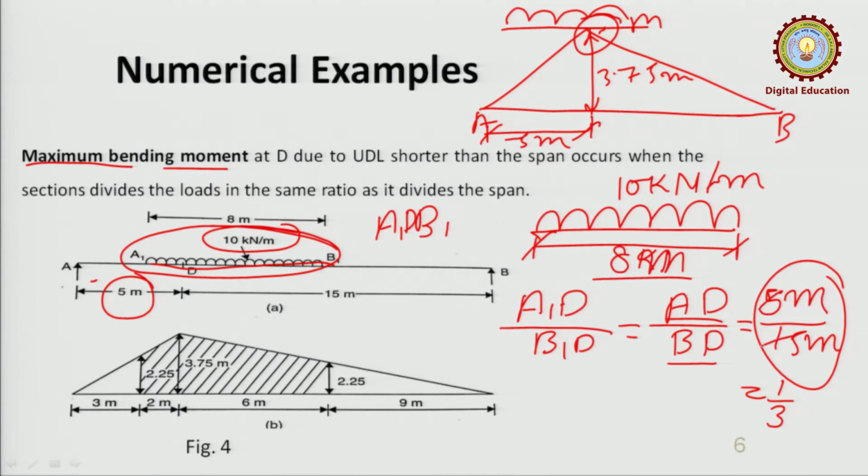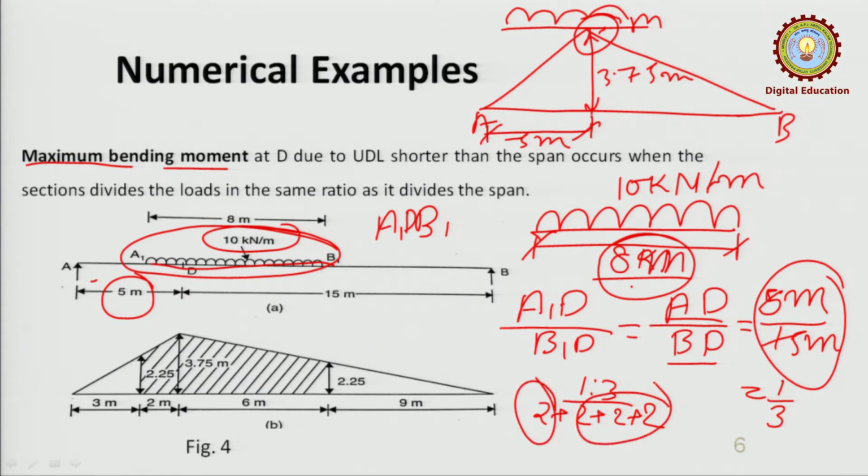That means the UDL of 8 meter length we will divide in a 1:3 ratio. The 8 meter is coming as 2 plus 2 plus 2 plus 2. That means 1 part here and 3 parts here, which is 2 by 6, which is 1 by 3.